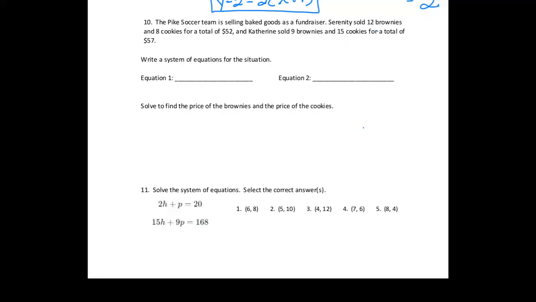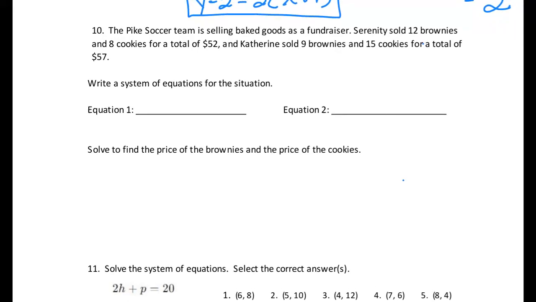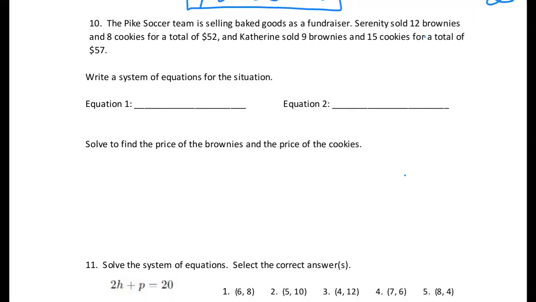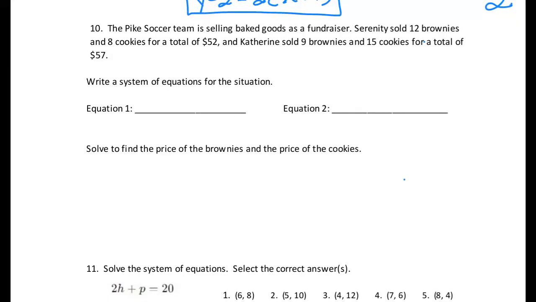Do I have 2 separate things going on here? And if so, what are they? Brownies and cookies, you're absolutely right. So what variable should we use for brownies? B for brownies.